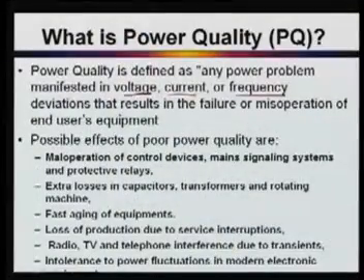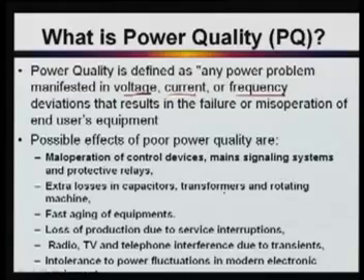If your supply system changes, these control devices may operate in a different fashion, and that may lead to huge production loss, and the equipment itself may not operate satisfactorily. It may also affect the mains signaling systems and the protective relays. So poor quality may lead to maloperation of control devices, mains signaling systems, and also the protective relays as well.